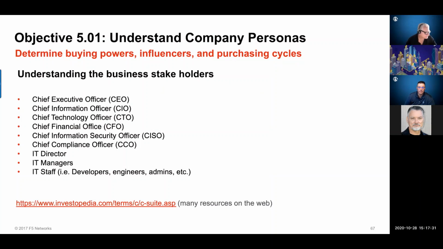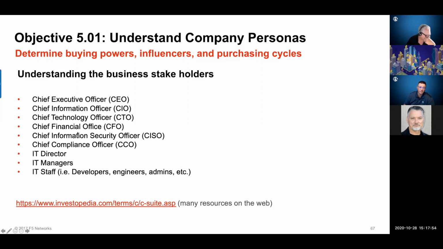Determine, and I wish this was earlier, who are the key stakeholders? Remember, as I mentioned earlier, as IT consultants or pre-sales engineers, we tend to focus with these people here, right? The developers, the department guys, maybe the IT manager, director, but sometimes we don't go above to this level. Maybe we don't have access, but this is where you want to team up with your salespeople and find out.